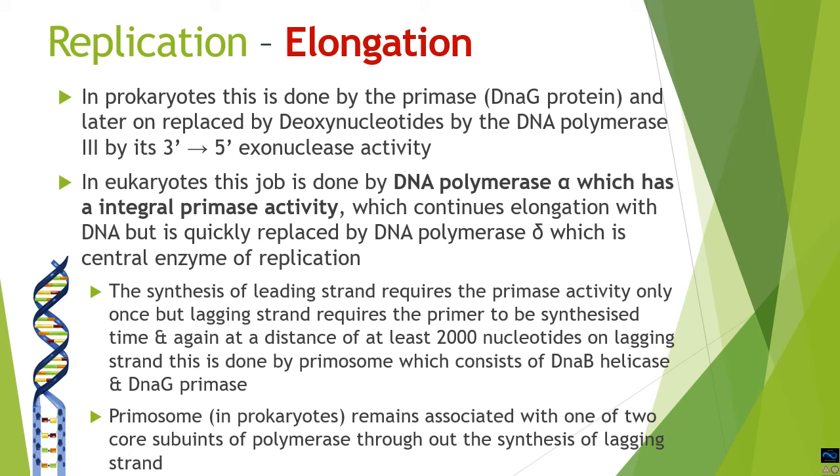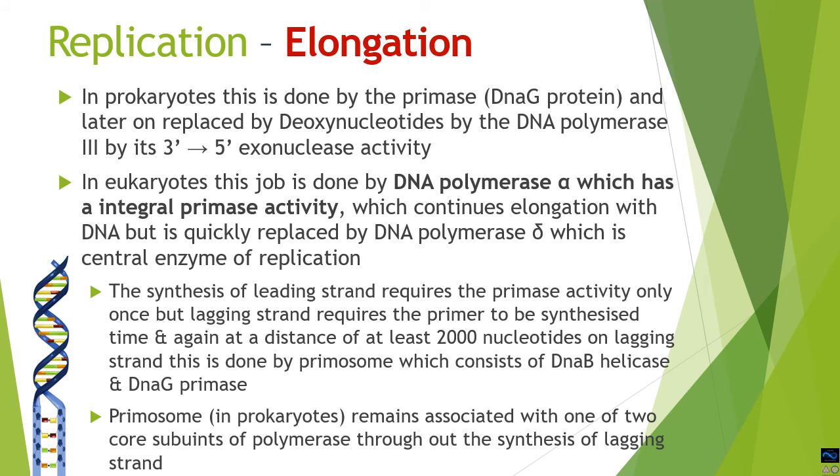While in eukaryotes, we know that DNA polymerase alpha is the first one which begins the primer formation because of its integral primase activity. Then it extends it to some 14 nucleotides of DNA, which then is taken over by DNA polymerase delta by polymerase switching with the help of replication factor C.